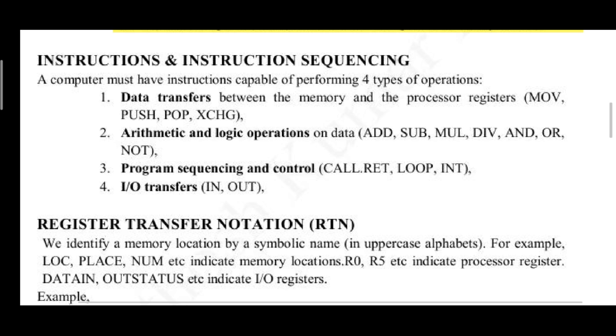Common instructions are move, MOV or MOVE, both are valid. Push, pop, the stack operations, we'll be discussing about this later. Similarly, we have arithmetic and logical operations on the data. There are around 16 types. In most of the machine architectures, this set of instructions is available, capable of performing arithmetic and logical operations on the data.